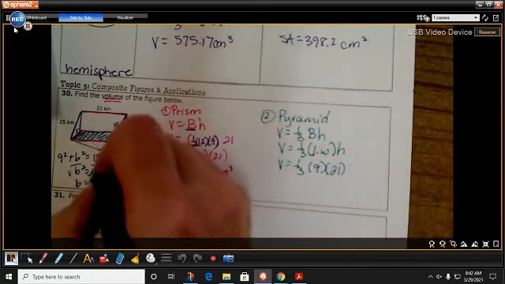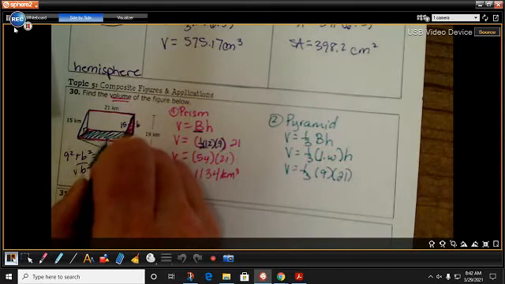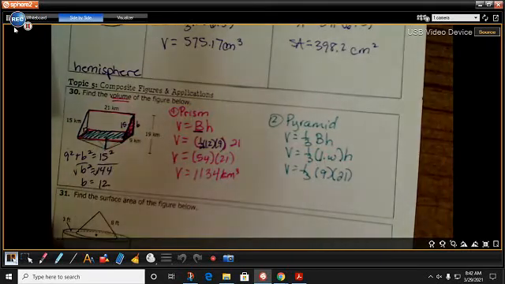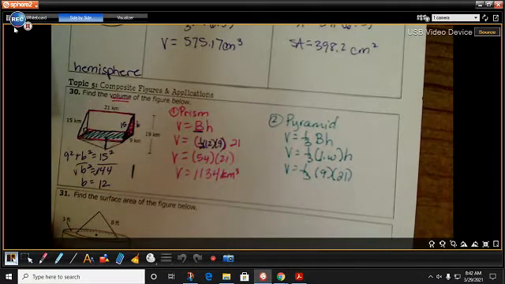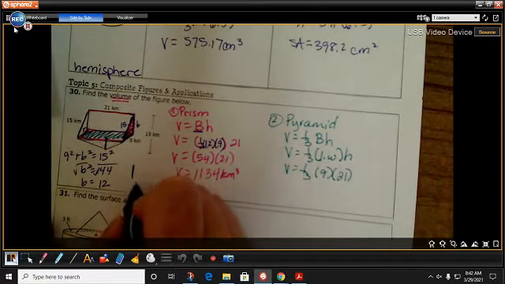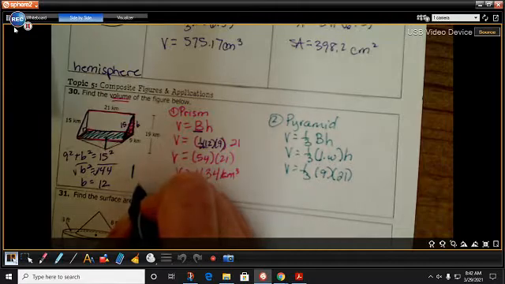And then the height of the pyramid, oh, I don't see a height anywhere. I am going to have to figure this out as well. So I need to figure out the direct up and down height of this pyramid. And so what I've got is I'm going to draw it separately. I have this height I'm trying to find.